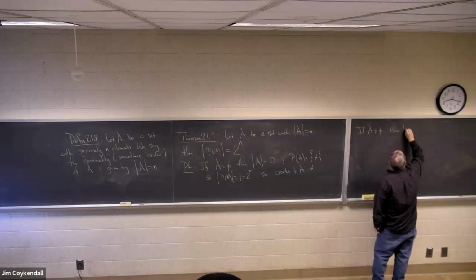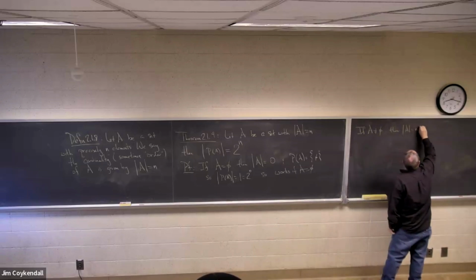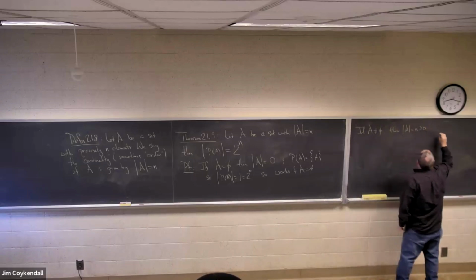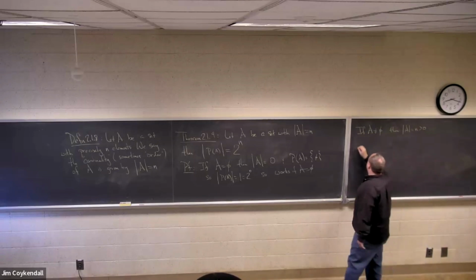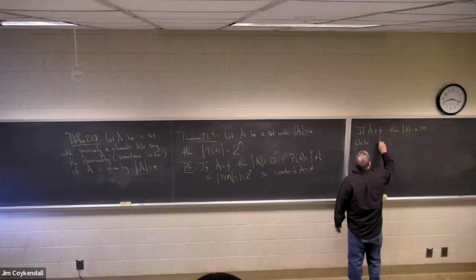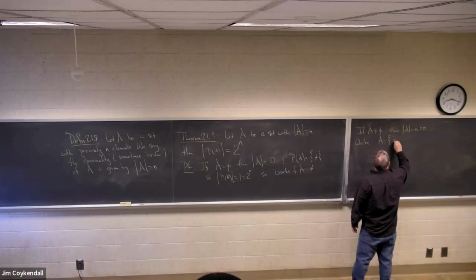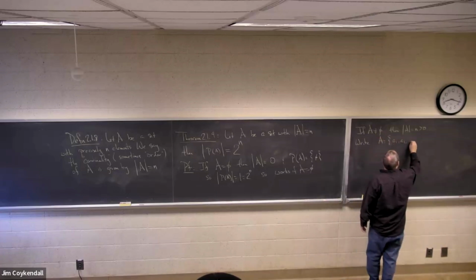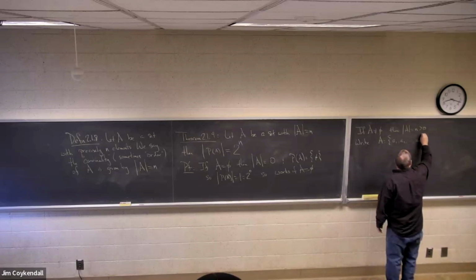Then the cardinality of A is n, greater than 0. So we'll write A equals {a1, a2, ..., an}.